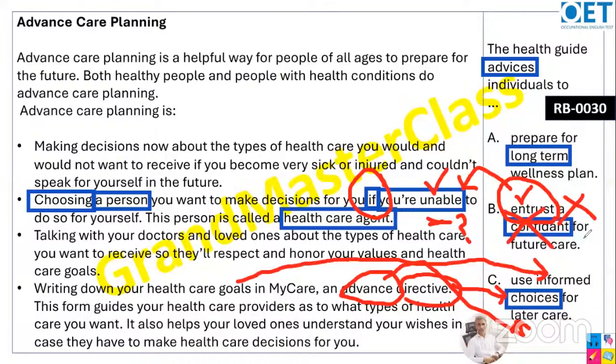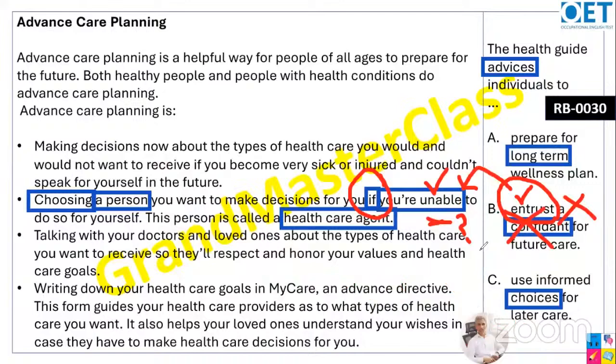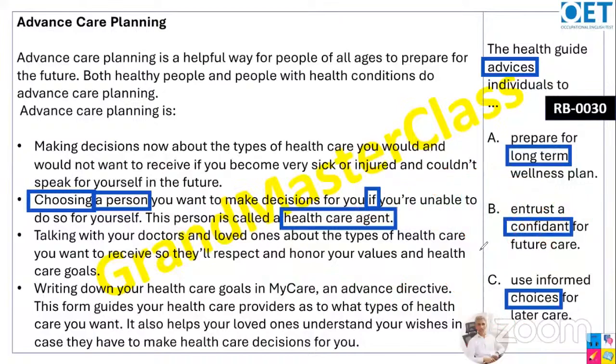Next one. So this is how it will go. Advance care planning is for a later stage only. Now let us see here. Points, choices.